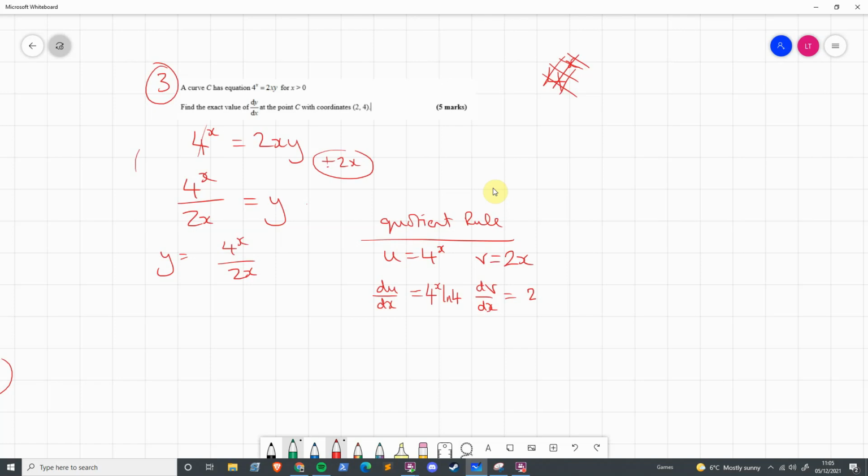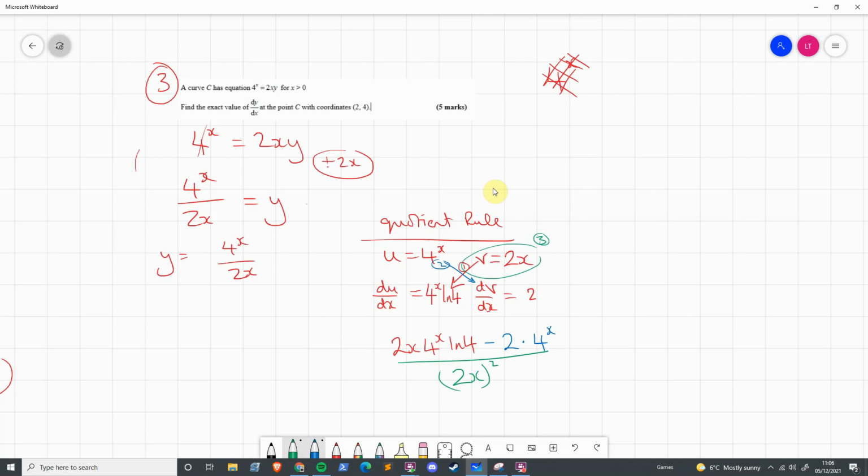It's good, it's interesting. And then quotient rule, we do this first. So v times du. And then second, we do that, we take them away. So 2x times 4 to the power of x ln 4 minus 2 times 4 to the power of x, and then we divide it by v squared.